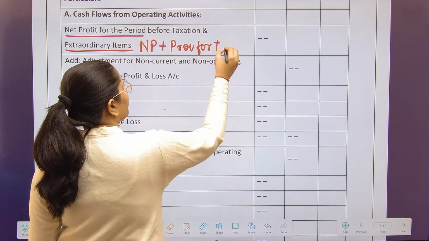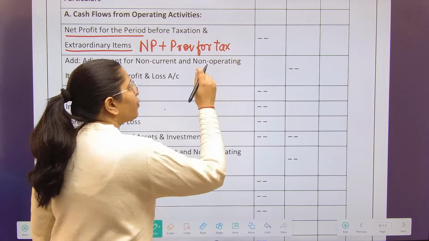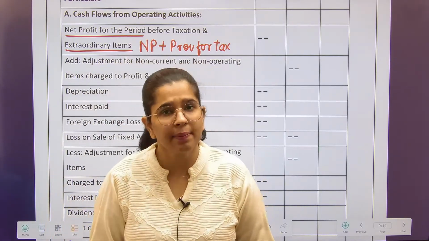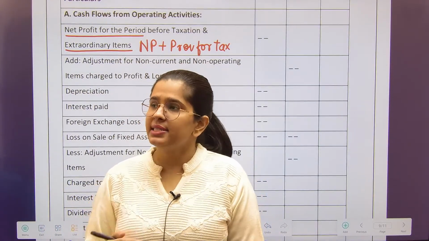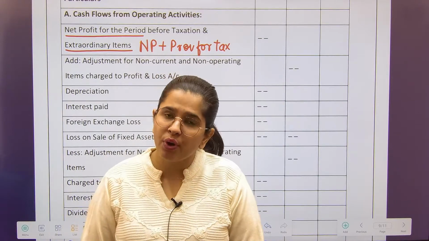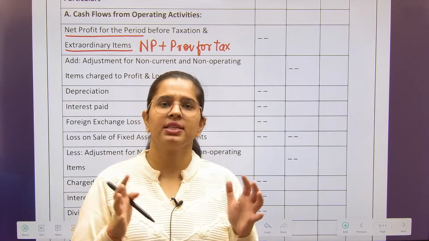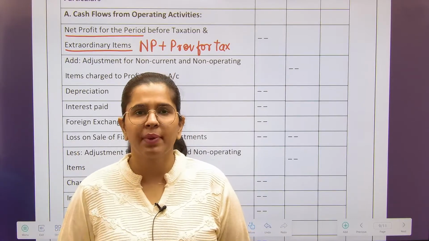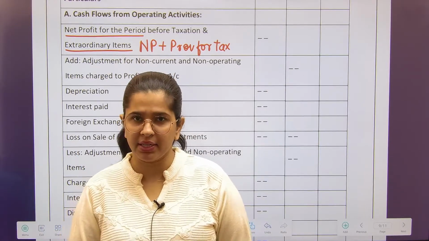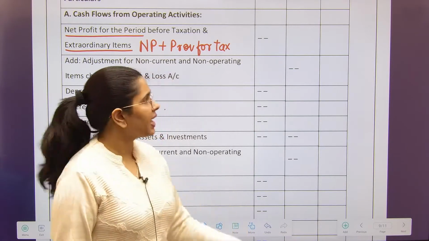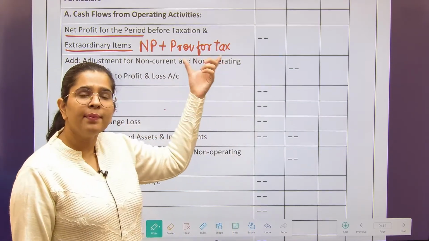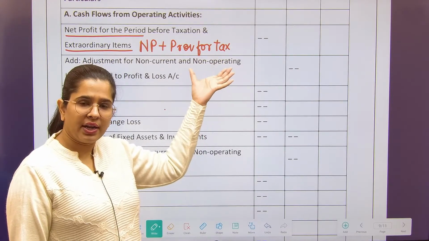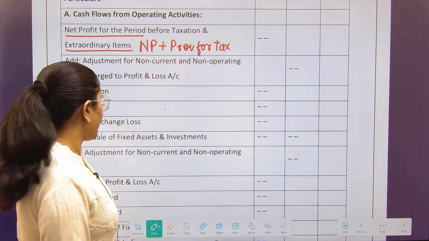Every year we make a provision for taxation. Provision for taxation is separate from the tax which you are paying. Provision means estimating the liability beforehand and saving some amount for it. And actual tax paid is whatever the government has calculated as your liability. Right? So provision is calculated beforehand, but making provision is not a cash expense, right? So please add it back.